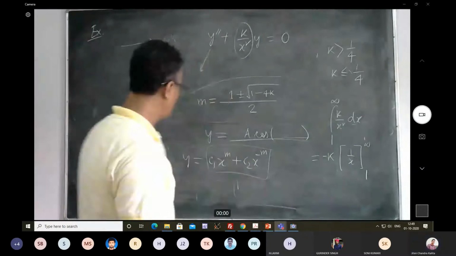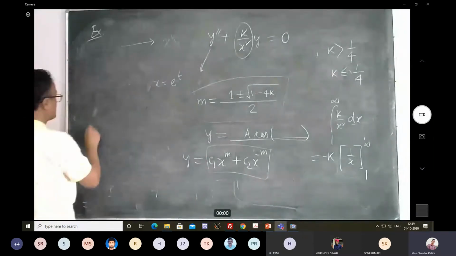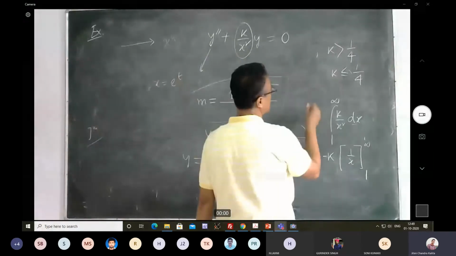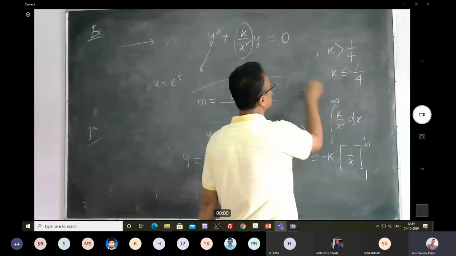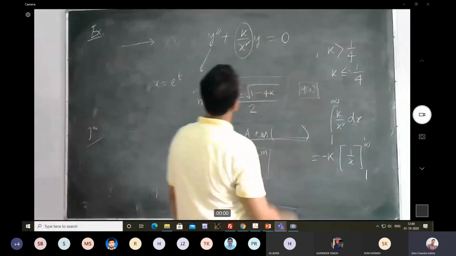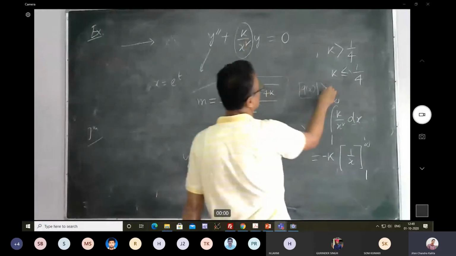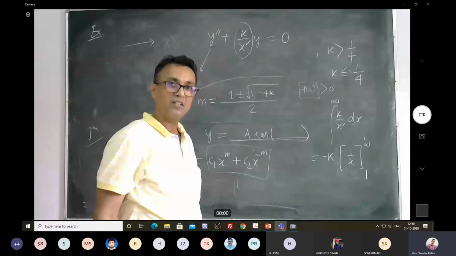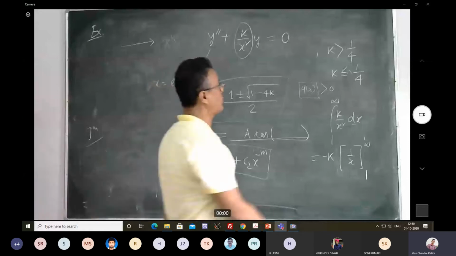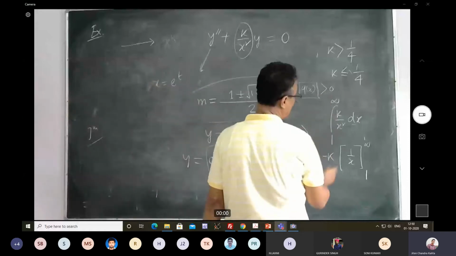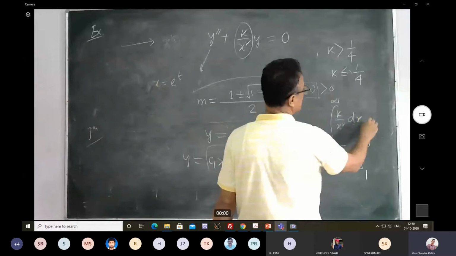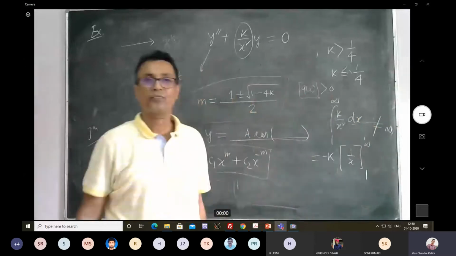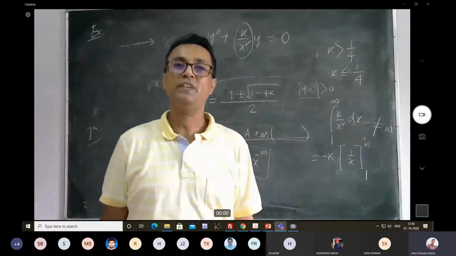Like in theorem C, what does it say? q(x) is strictly greater than 0 for all positive x, right? And from there, I have found out that this integral does not lead to infinity.